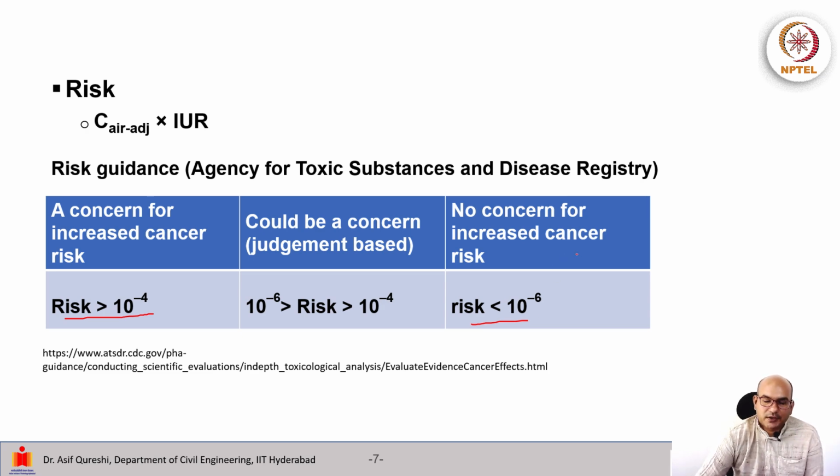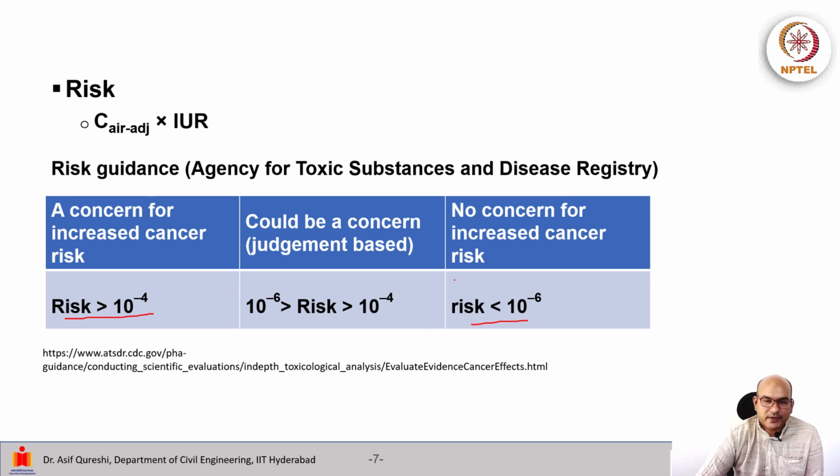So these are qualitative judgments or qualitative guidance written in this area. These are basically judgment-based risks, and of course a policymaker can decide, no, for me even 10 to the power minus 6 is of concern, I want to make it 10 to the power minus 6. But these are judgment based.